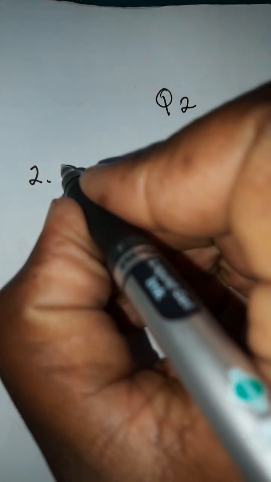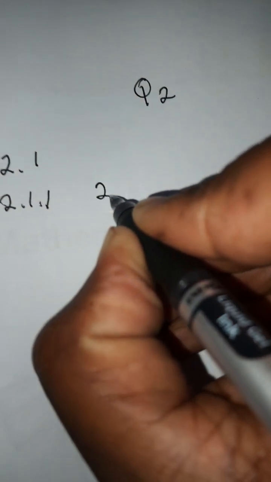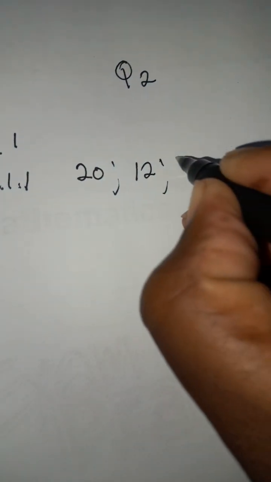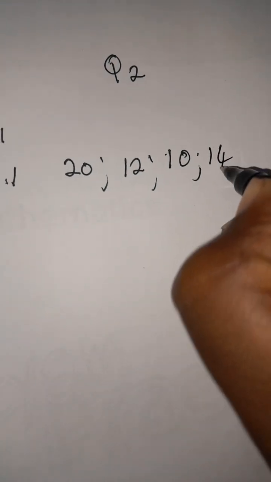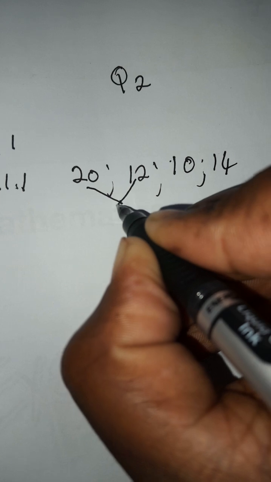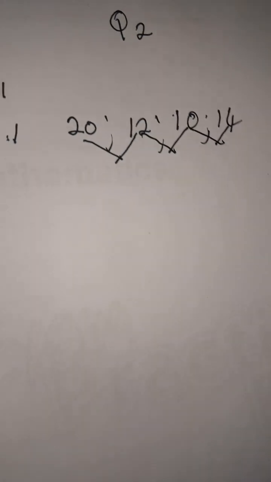Remember, we are working with question 2, but looking specifically at 2.1.1. We are given 20, 12, 10, and 14. Since it's a quadratic, it must have a first difference as well as a second difference.